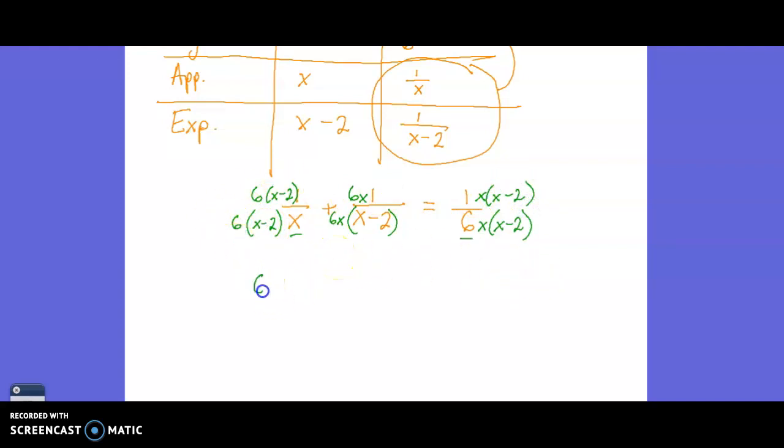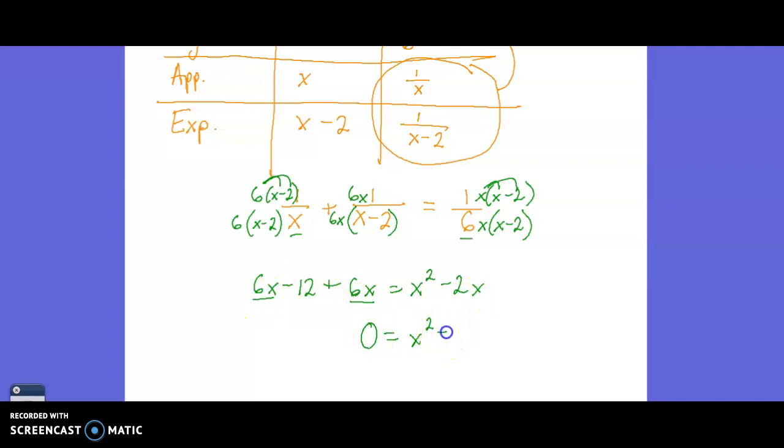And from here you can distribute: 6x minus 12, distributing here, plus 6x is equal to, distributing here, x squared minus 2x. So there's your quadratic. So I would put a 0 on this side, which is how I would do it. 6x plus 6x is 12x.